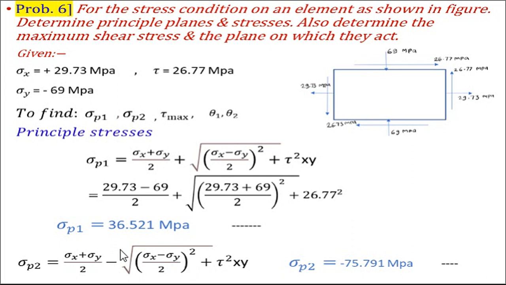We put in all the given values, sigma x and sigma y, the stresses acting in the x direction and y direction, and the shear stress on the xy plane. After calculation we get the value minus 75.791 MPa. As per the magnitude of the values, you have to judge the maximum principal stress and the minimum principal stress acting on the plane.